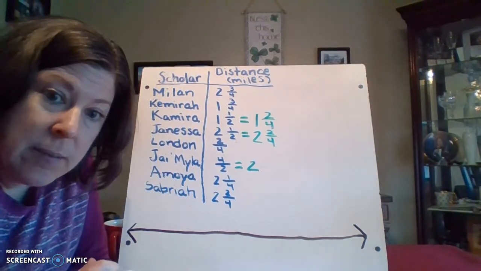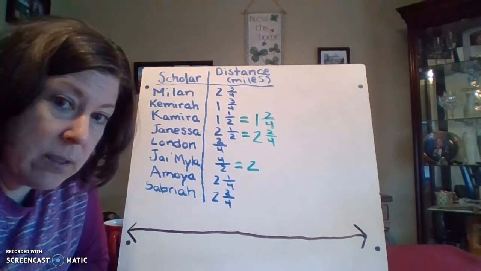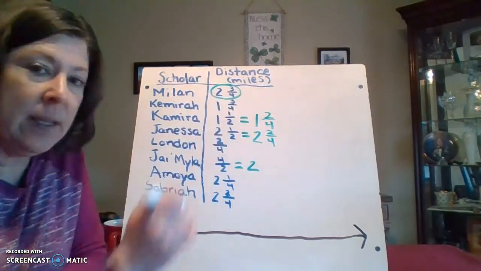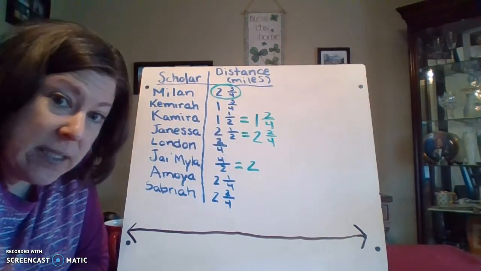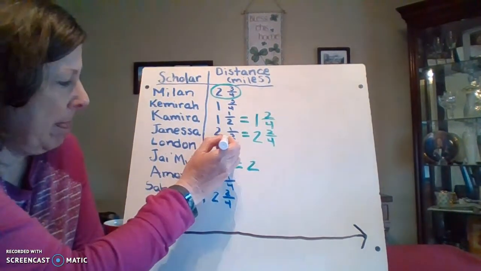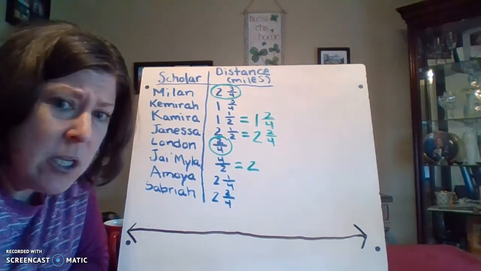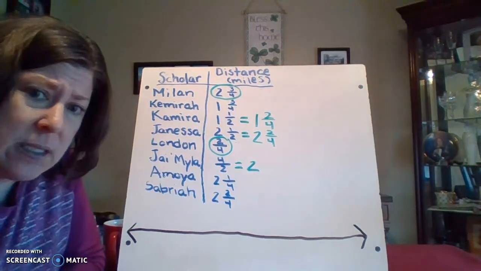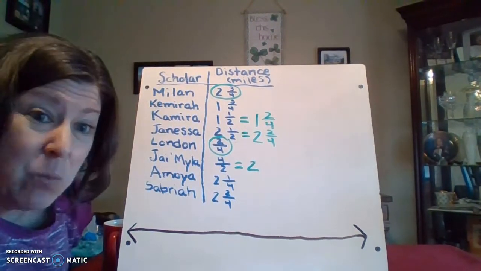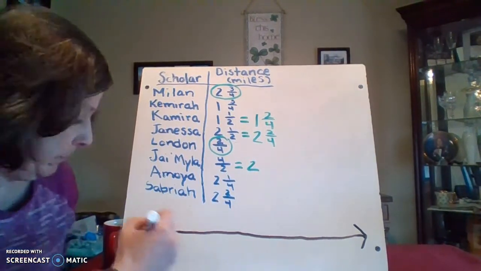I have all fourths. And when I look, I see that 2 3/4 is the largest or the longest distance, and that 2/4, there's no whole number there, is the shortest distance. So I know that 2/4 is less than 1. So I'm going to start my number line at 0.